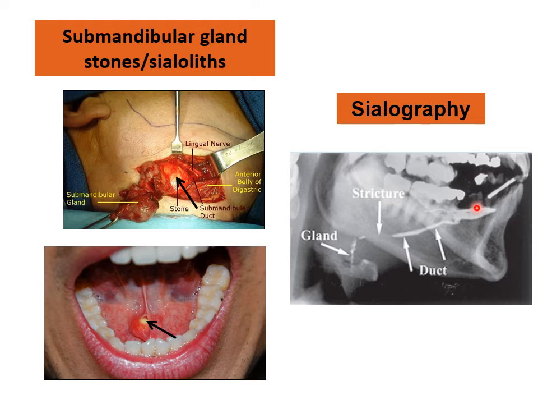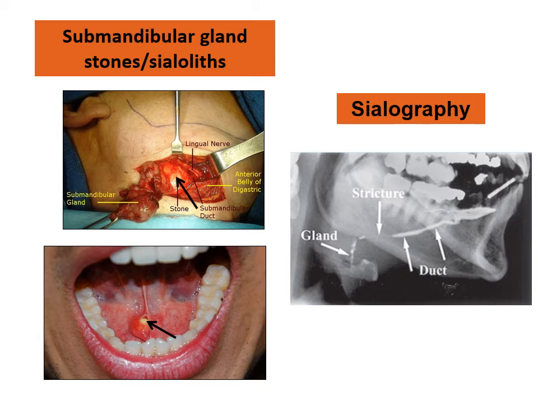After some time of injecting the fluid, they will take the radiographic images and observe the duct system. If there is any obstruction, as you see in this image, there is obstruction in the duct, due to which you cannot clearly visualize the small ducts of your submandibular gland.